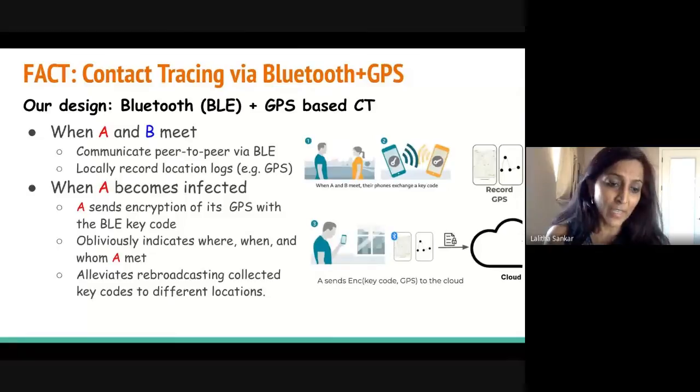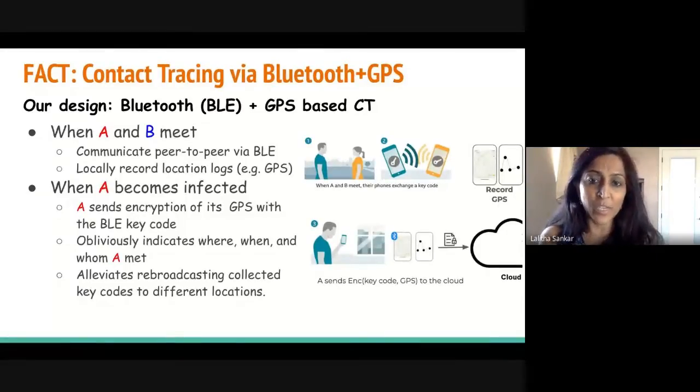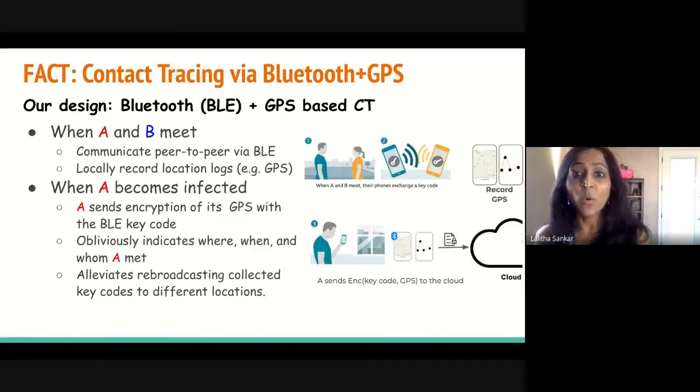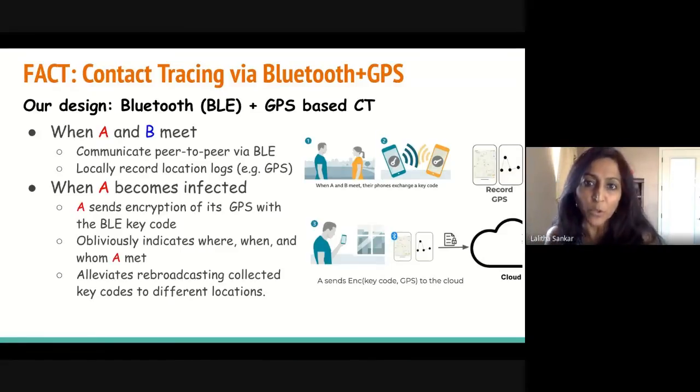On the contact tracing side, what we want to do is say 2 users, A and B, both have installed this app on their phones, 2 students at ASU. When they come in contact with each other, the Bluetooth part of the contact tracing app will communicate peer-to-peer, and the GPS part will be used to store locally the location logs. If one of them, say A, gets infected, A now, or a trusted third party like a healthcare provider, will send, instead of just sending the Bluetooth key or token, will now use the Bluetooth key code to encrypt the GPS and send it to the server.